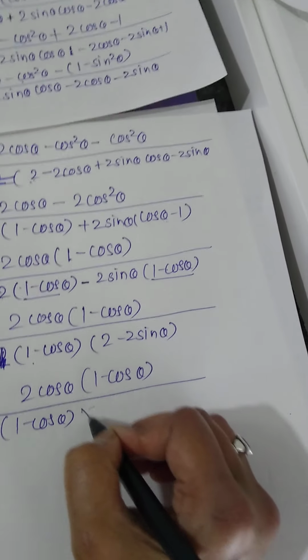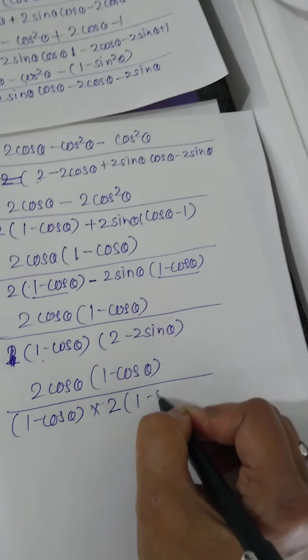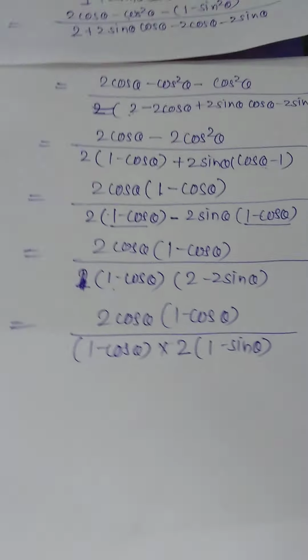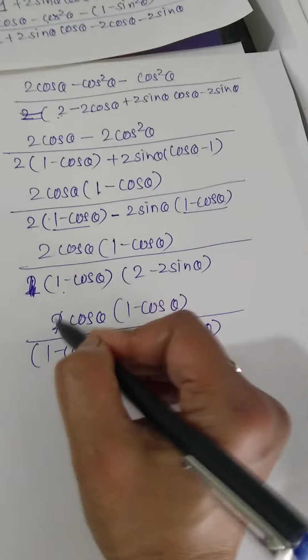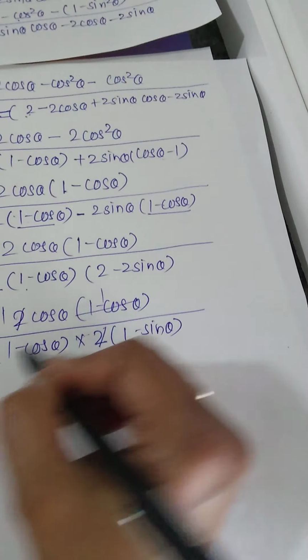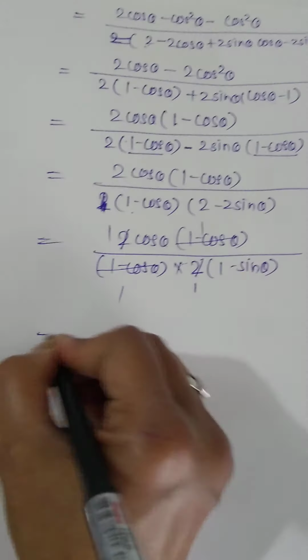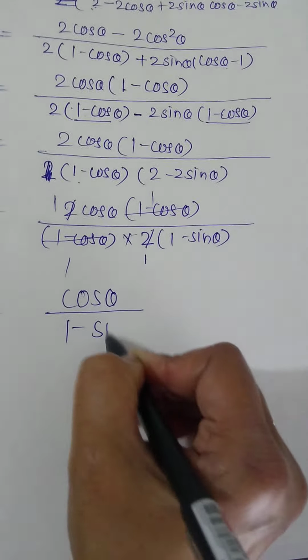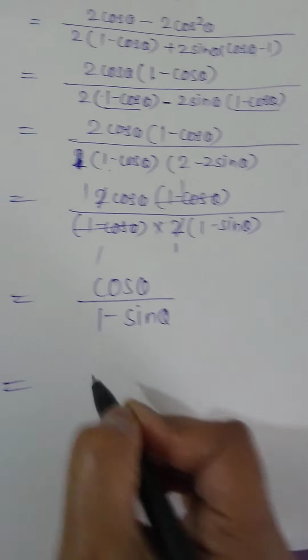From this bracket we have taken 2, and 1 minus sinθ remains in the bracket. So these 2 are cancelled, 1 minus cosθ and 1 minus cosθ are also cancelled, and we can write here the term cosθ upon 1 minus sinθ.